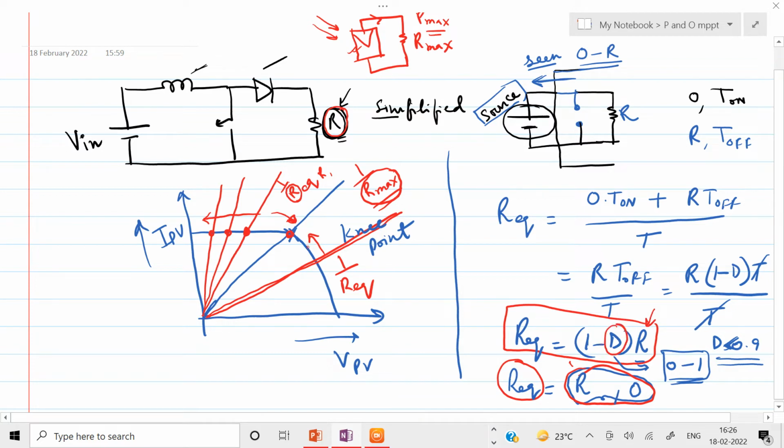Okay, so that means we have to choose a PV panel such that we take this effect into account.